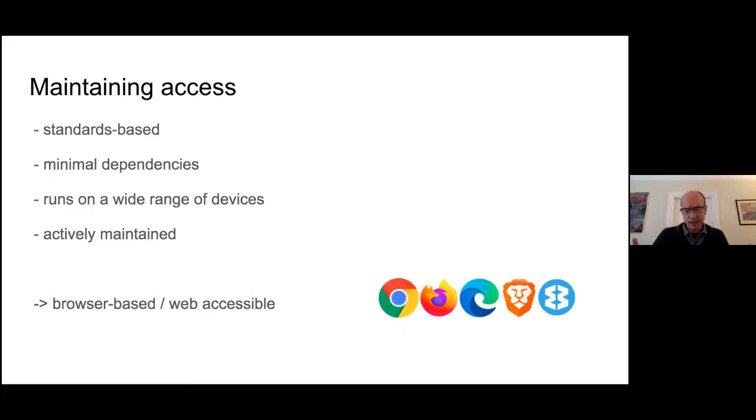So in looking at how do you give access, I think looking at why some of the previous efforts fail, it's mostly because they have gone away for some reason or other. So having something that is standards-based, that isn't complicated, as simple as you can be, can run as wide as you can on different platforms, and most importantly, has more than just you maintaining the thing.